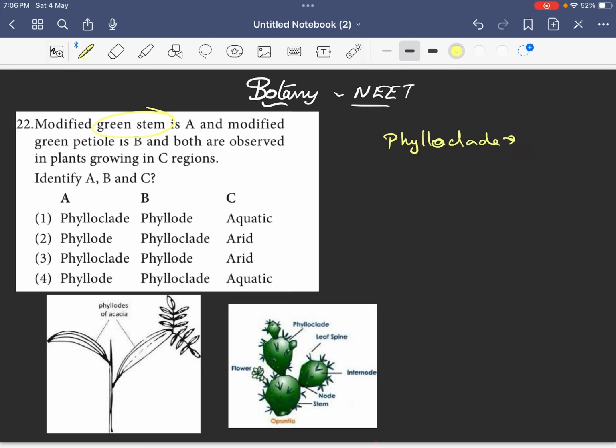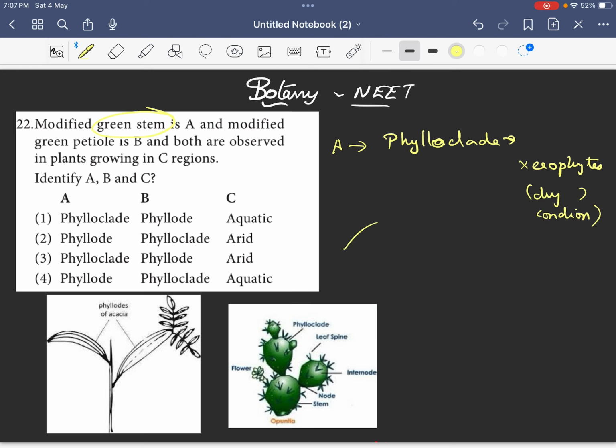Phylloclade is a unique feature of which plant? Xerophytes, that means the plants which can live in dry conditions, right? So A we got quickly.